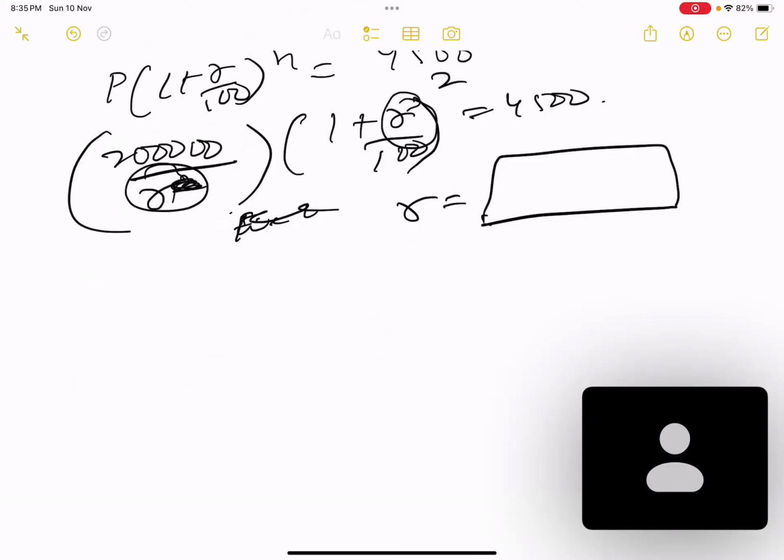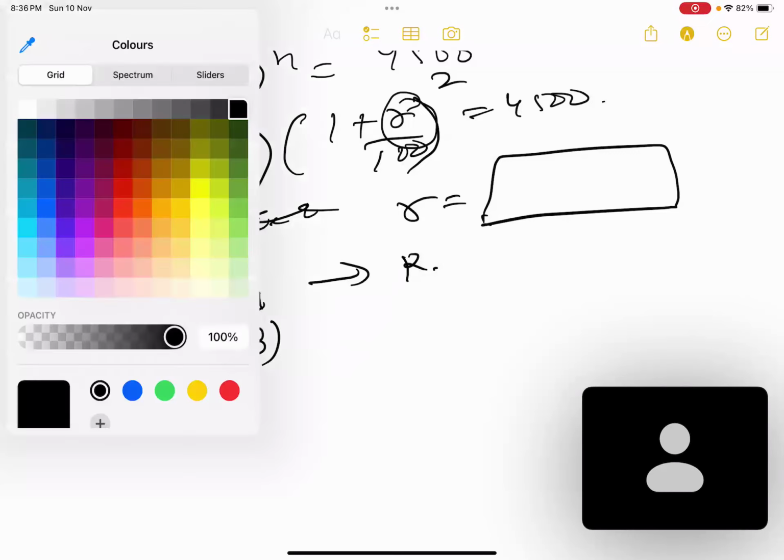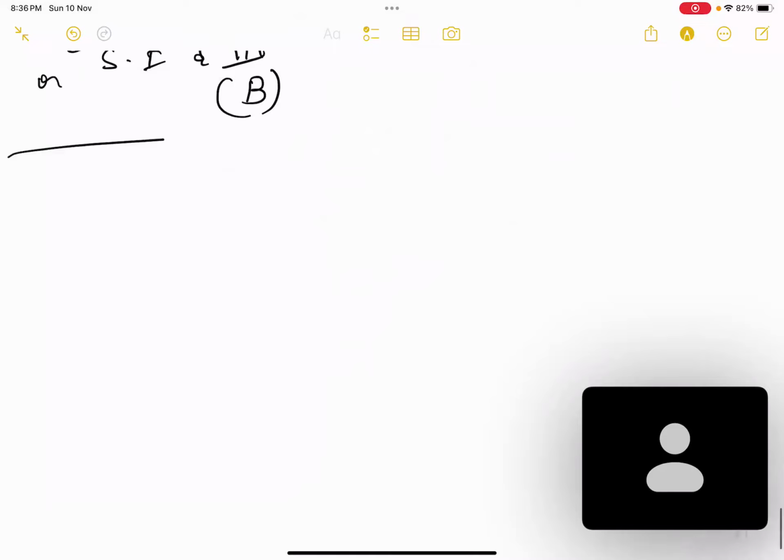These two statements can be used to find the value of R, which means that by using either statement 2 alone, or statements 1 and 3, we are able to find the value of R. So the answer will be that statement 2 only or statements 1 and 3 only are sufficient. Now let's come to number 10.